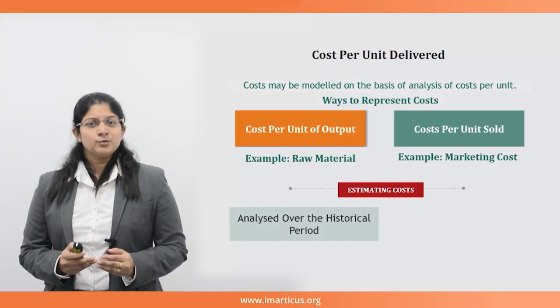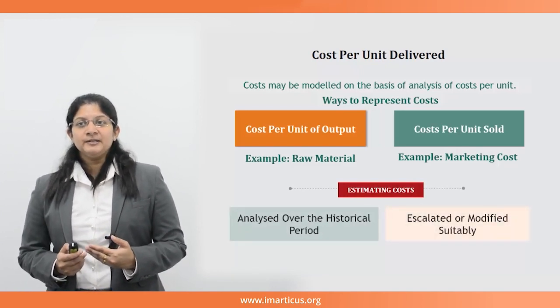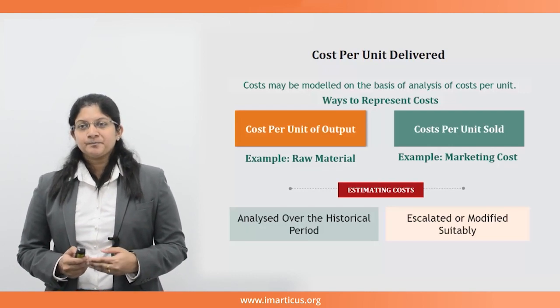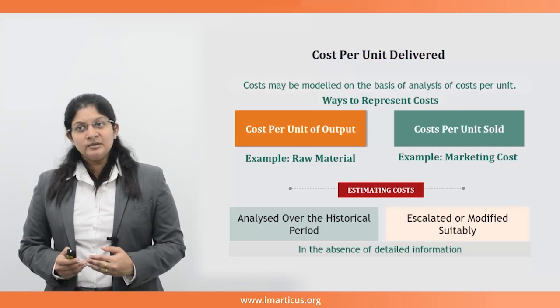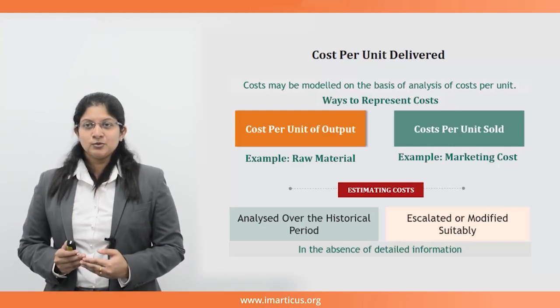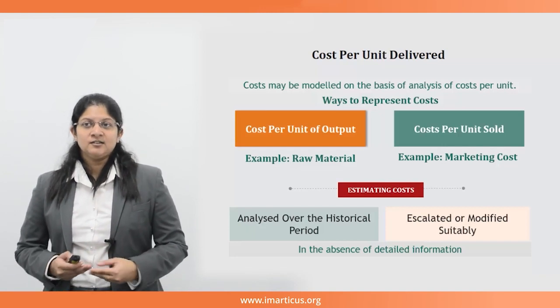These may be analyzed over the historical period and then simply escalated or modified suitably during the forecast period. This is done in the absence of detailed information such as raw material requirement or size of the labor force, which makes calculation of detailed underlying inputs very arbitrary.